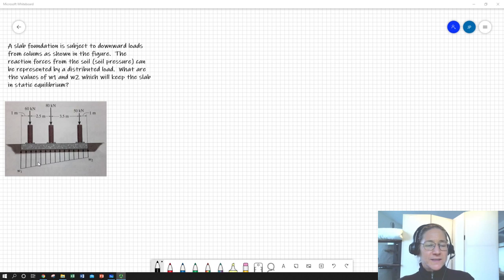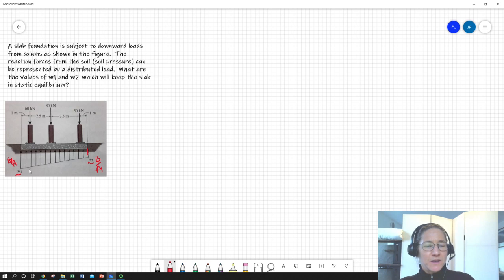So basically, what we need to know is what the soil is doing, and so we're looking for literally the load per unit length at this point, and the load per unit length at this point. Since this is probably civil engineering, we'll go old-fashioned, say, pounds per foot here and pounds per foot over here.